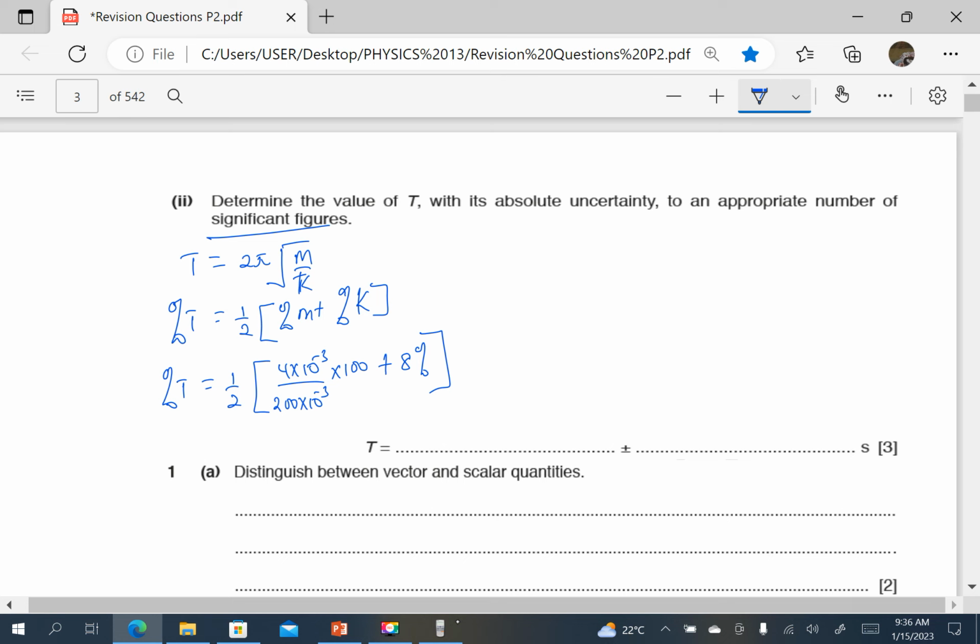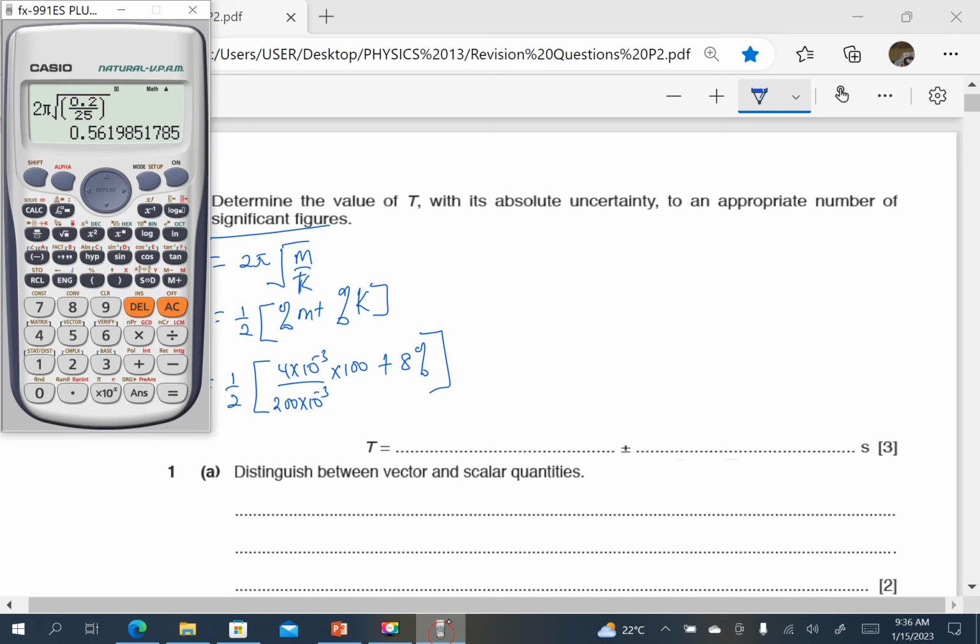So I can bring my calculator and we verify. I have 4 times 10 power negative 3, that is 0.004, times 100, divided by 200 times 10 power negative 3, which is 0.2.